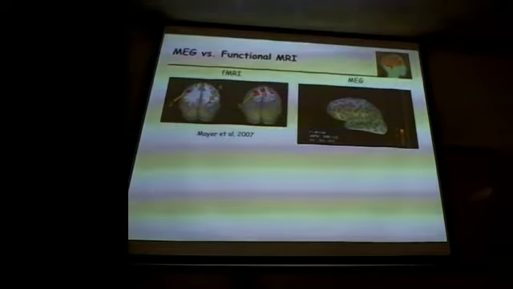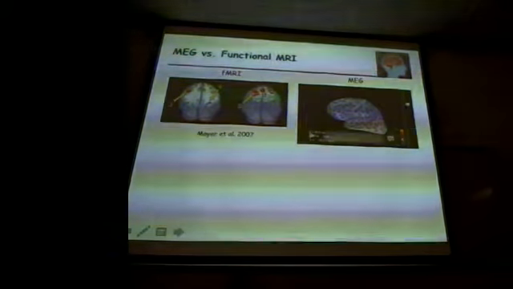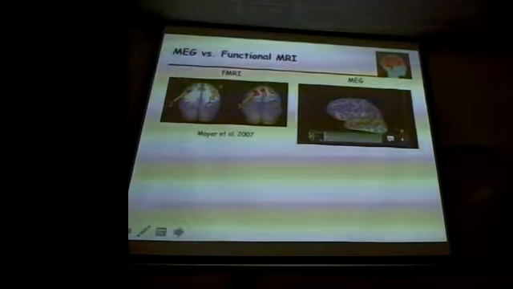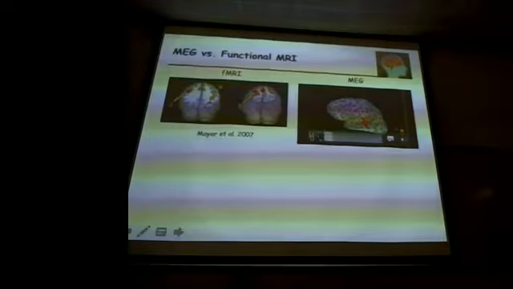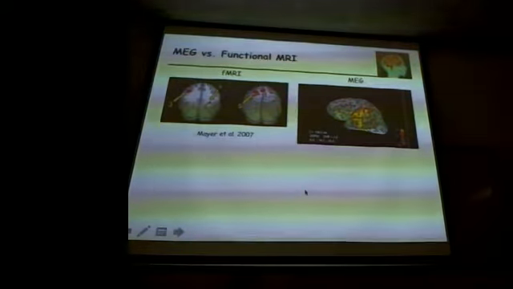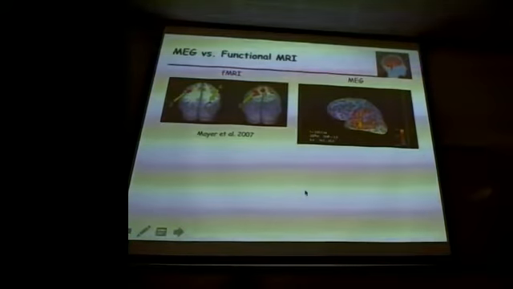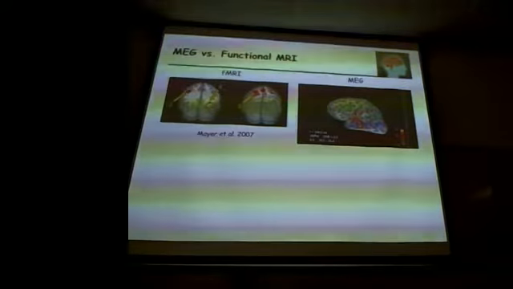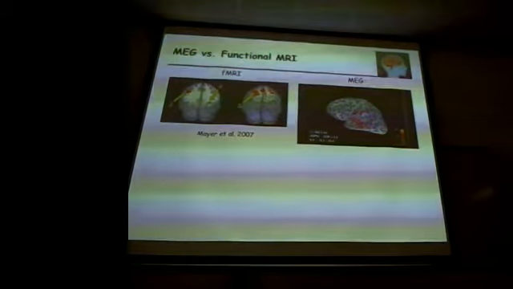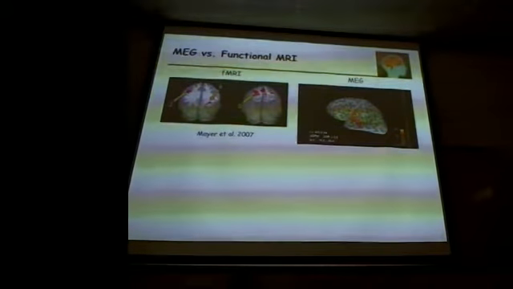I also like to show this little movie just to underline the difference. In this movie, if I get my cursor out of the way, you can see the time window here. It started at about 100 milliseconds and ends at about 400 milliseconds, and you can see changes in activity across that time.